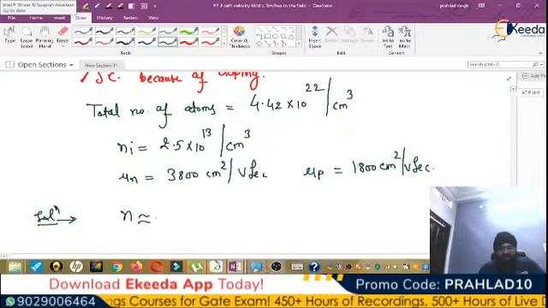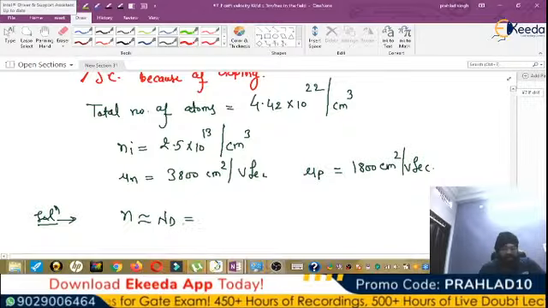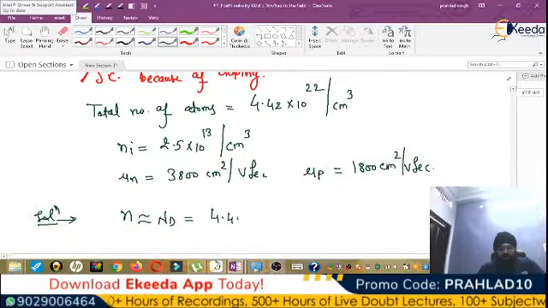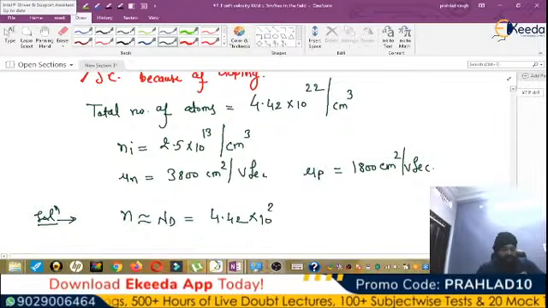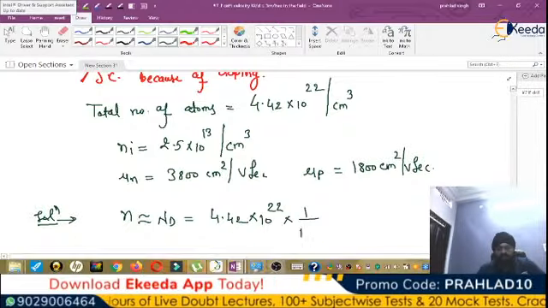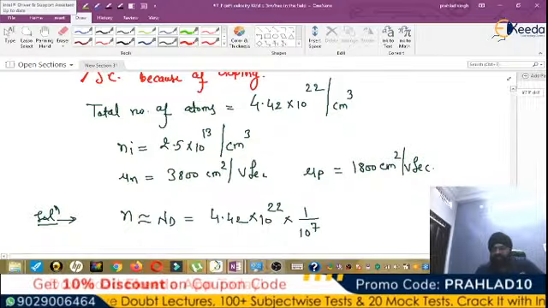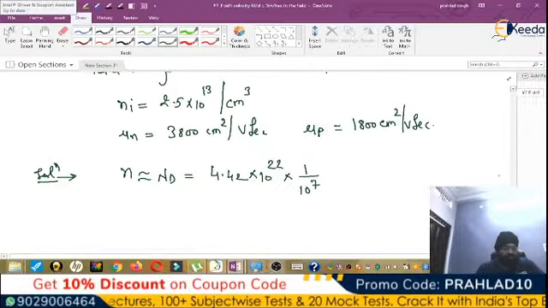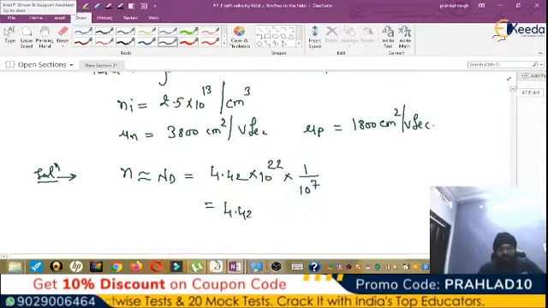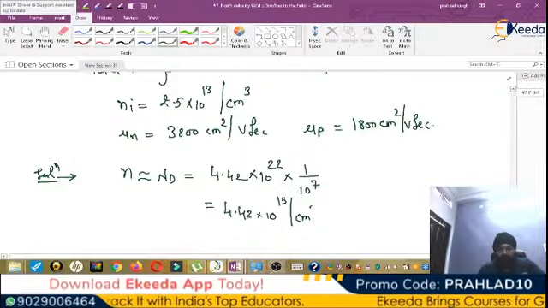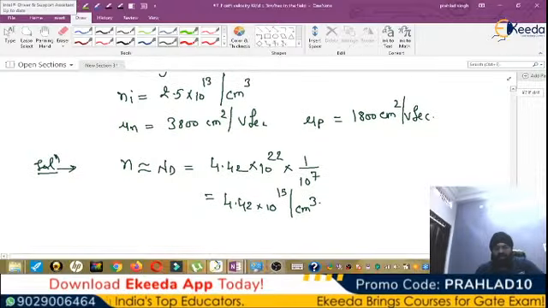So n is approximately equal to Nd, and this value is 4.42 into 10 to the power 22 into 1 is to 10 to the power 7. And this value is 4.42 into 10 to the power 15 per centimeter cube.